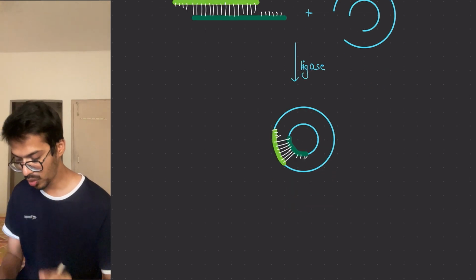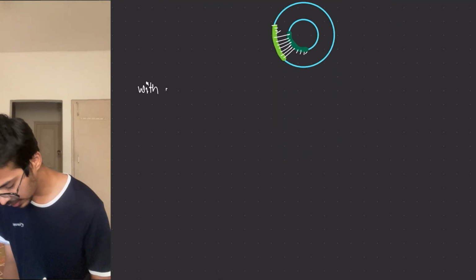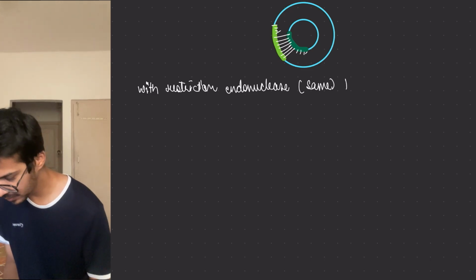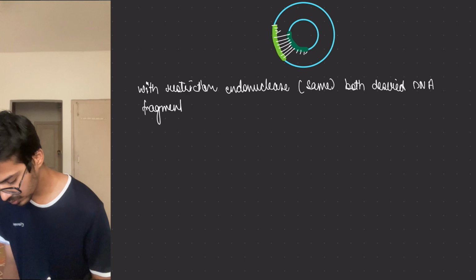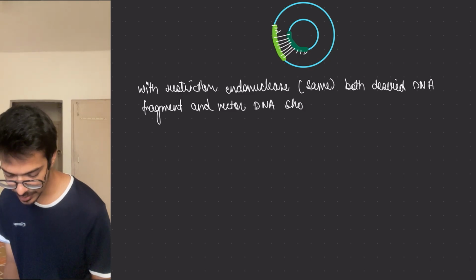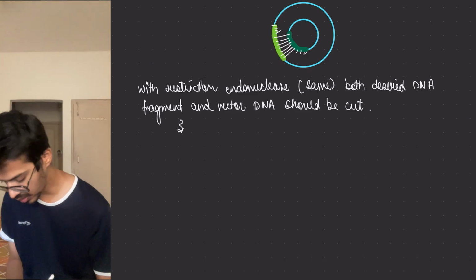Okay, so this process is what? The ligation process. If we have to write about it with restriction endonuclease, it would be what? Similar, same. Both desired DNA fragment, you understood this concept, right? Fragment and vector DNA should be cut. Why? To form the complementary bases.